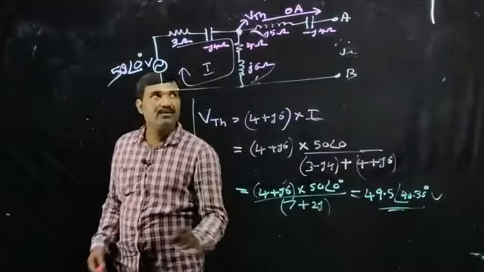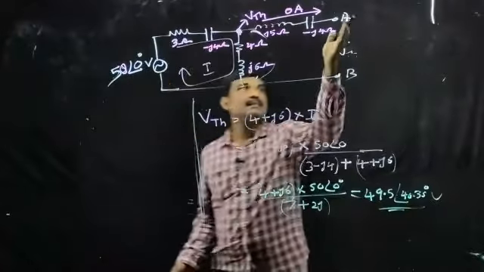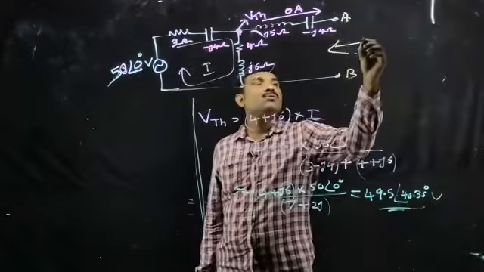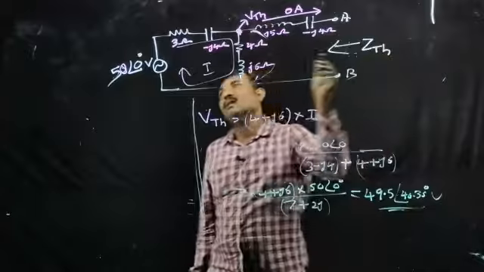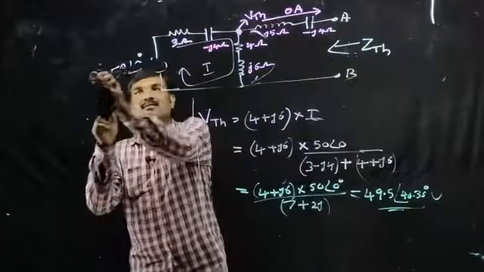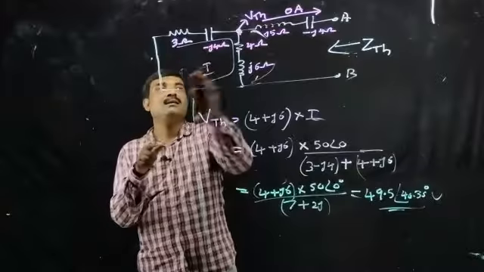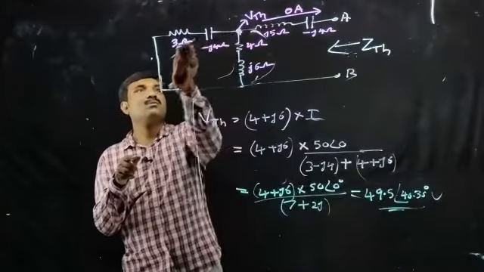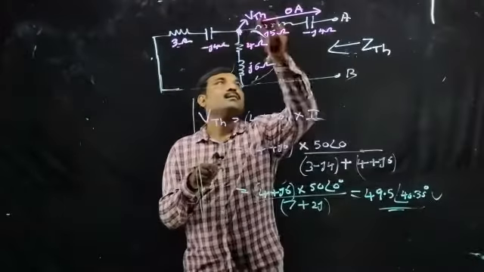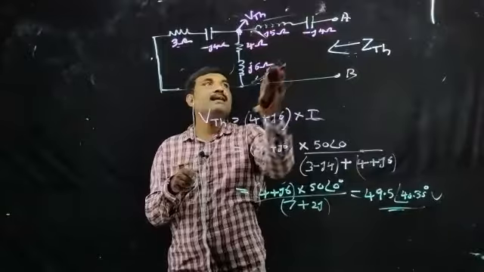Now we need to determine the value of ZTH with respect to this terminal. For that purpose, this is an independent current source, we just short circuit this independent current source, right? Okay. Now find the equivalent impedance.